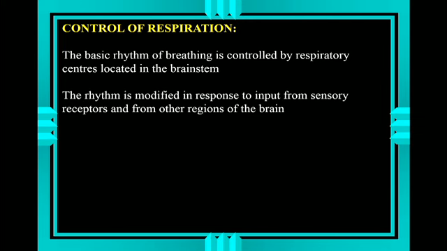Now, before we go into it, what we learnt yesterday is, what are we trying to regulate? Often with physiological systems, we modify things in order to achieve a set point, or set points, plural. Now, in respiration, what are the set points we're trying to maintain?